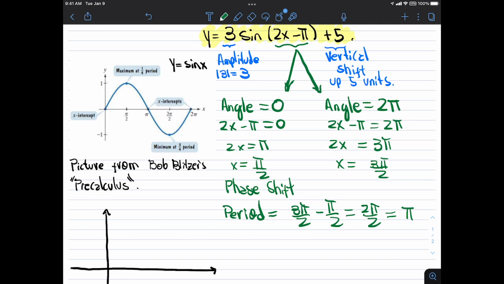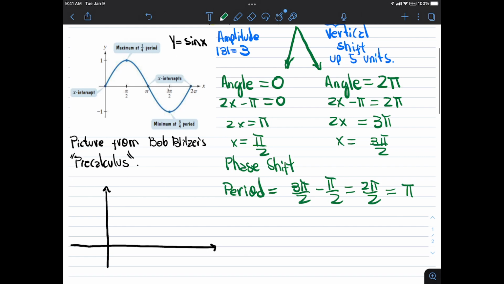Okay. So I think now we have all the information that we need to start graphing our function. Here's how we're going to do it. I'll look at the beginning of my period, at the end of my period, and I'll even extend this Cartesian axis that I did over there a little bit.